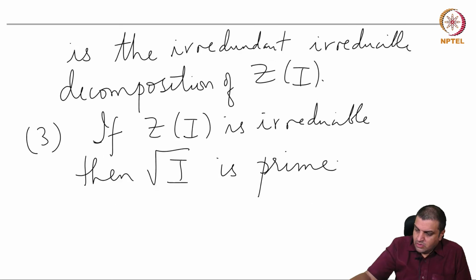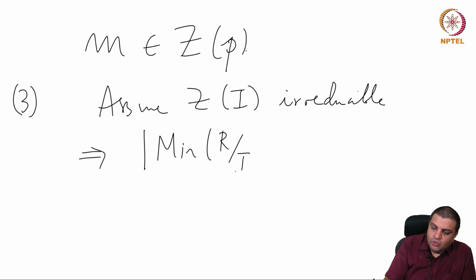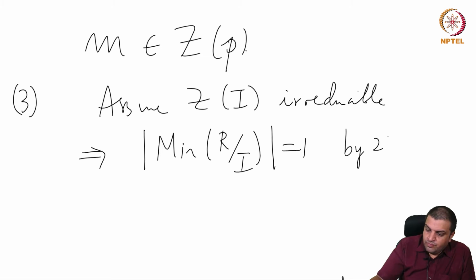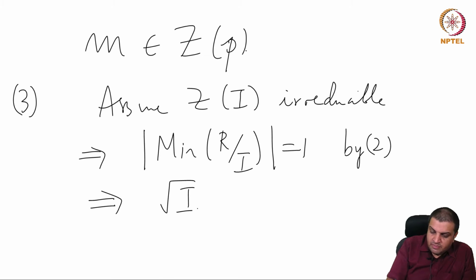So by 2, the set of minimal primes over I is a singleton, which now implies that the radical of I is a prime ideal.